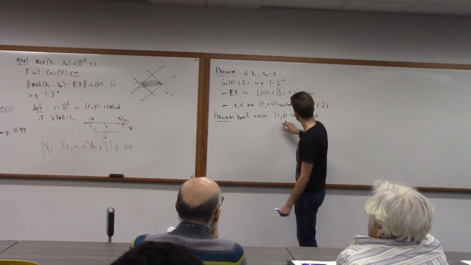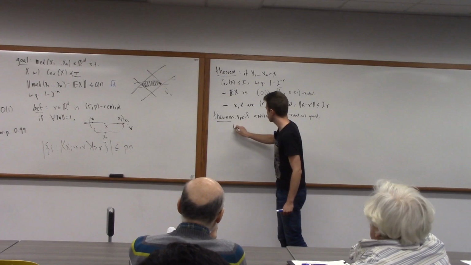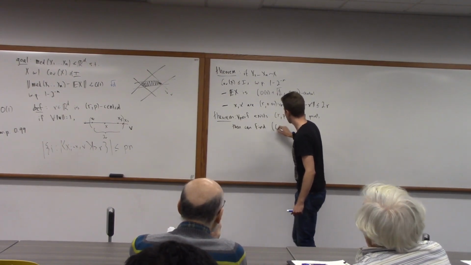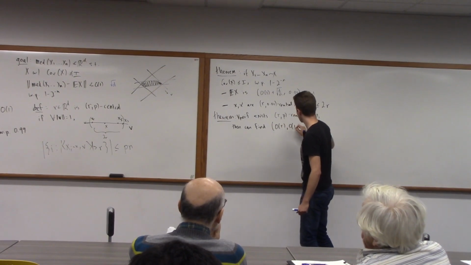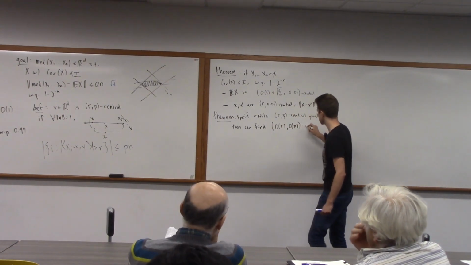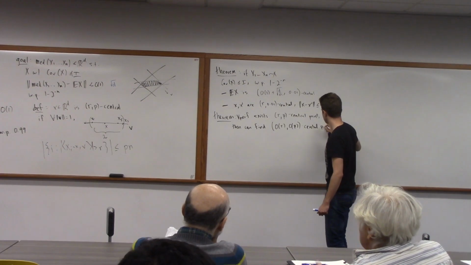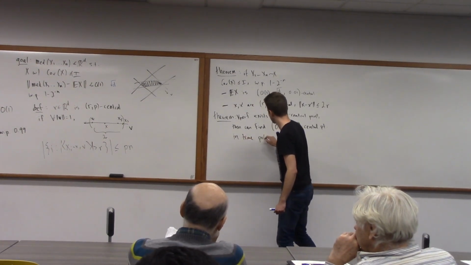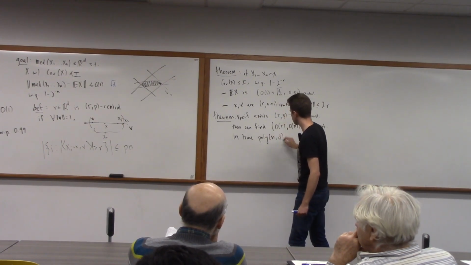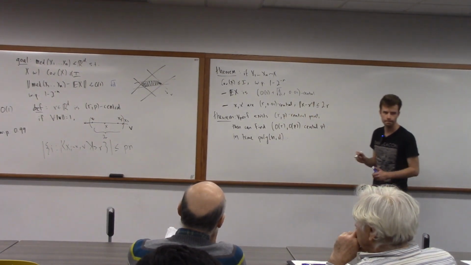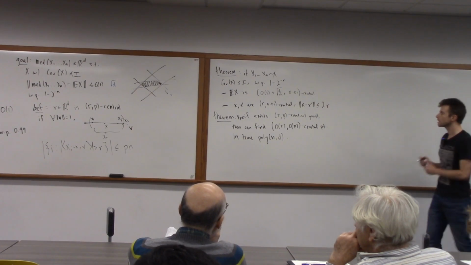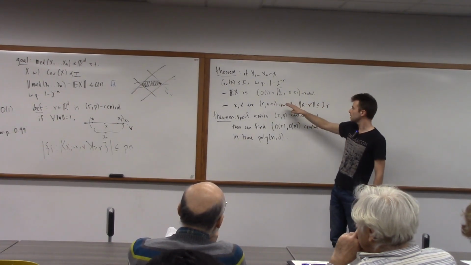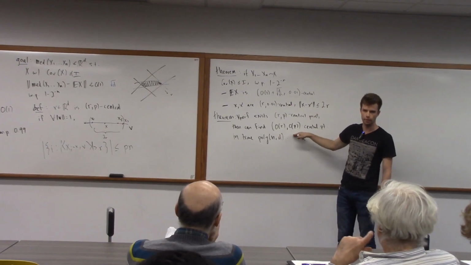If there is an RP central point, then you can find an O of p central point in time polynomial in n and d. Okay? So this says that up to some constant factor losses, you can find an RP central point.